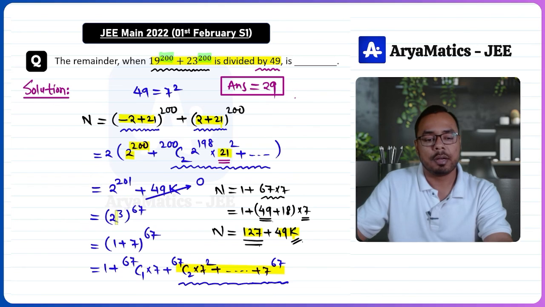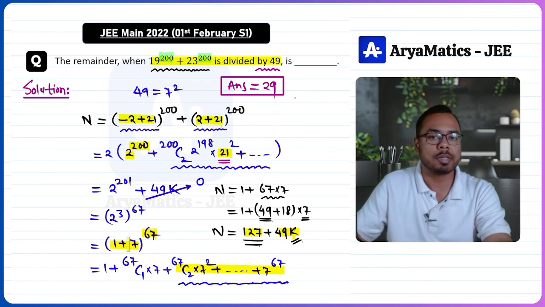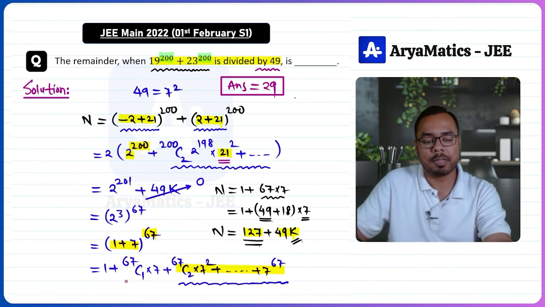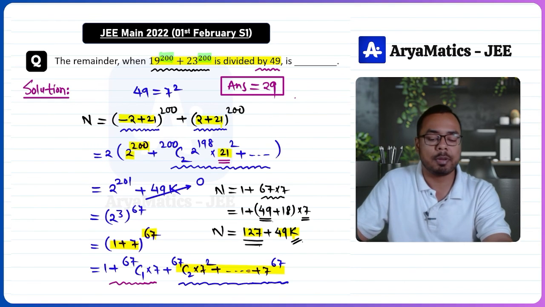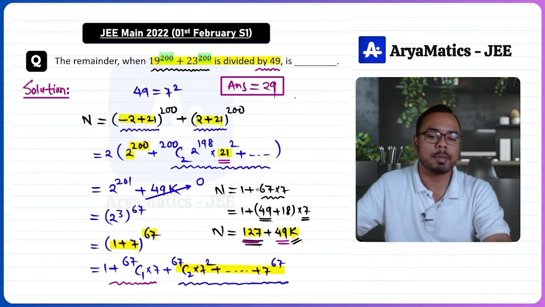Now again, this 2 raised to 201 you can write as 1 plus 7 raised to 67. Expand it using binomial, and now the first two terms are not multiples of 49. All other terms are multiples of 49. So finally we got 127 plus a multiple of 49. When you divide 127 by 49, the remainder will be 29. And that is the correct answer for this problem.